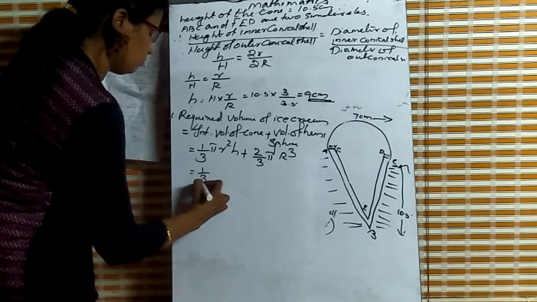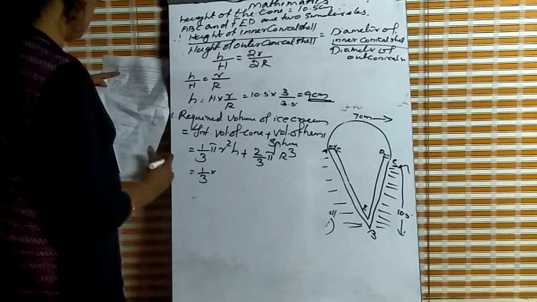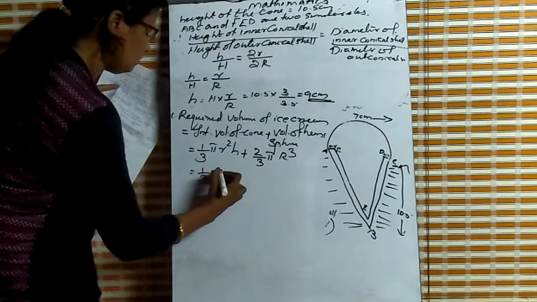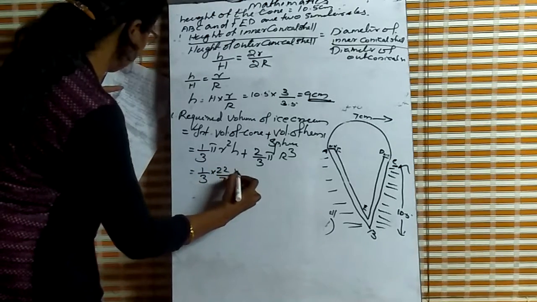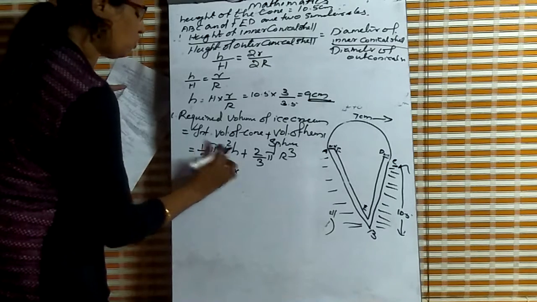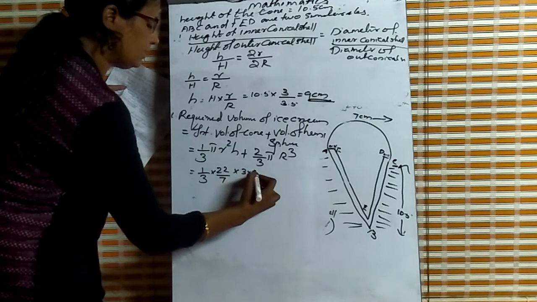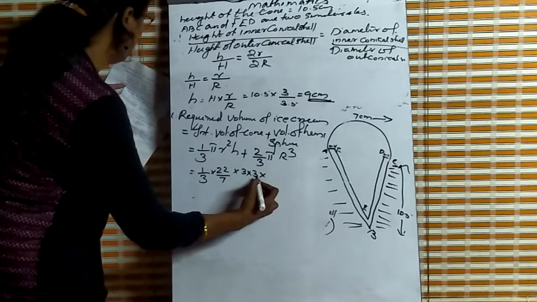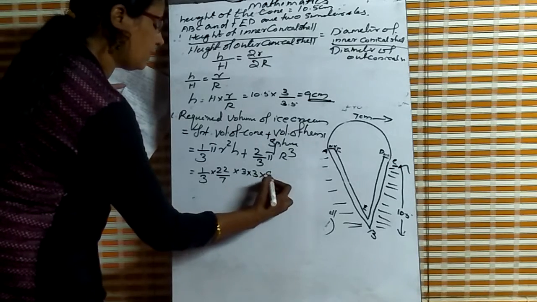The value of pi is not given, so we can take either 22 by 7 or 3.14. For the cone, r is 3 square, 3 into 3, into the height of the cone 9.